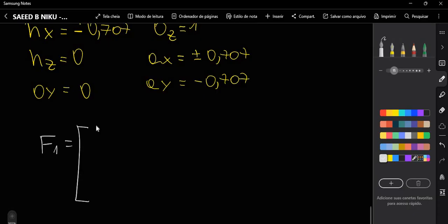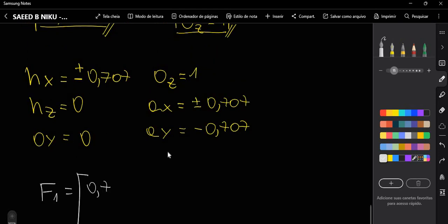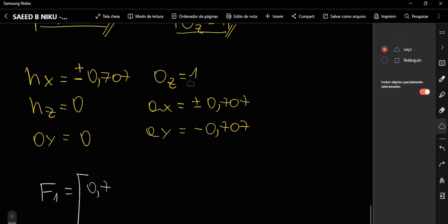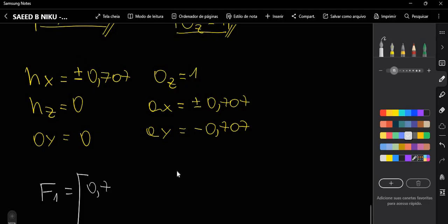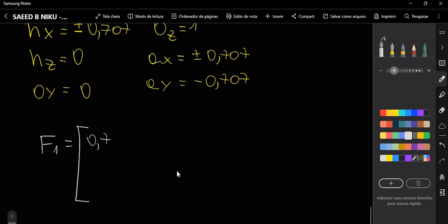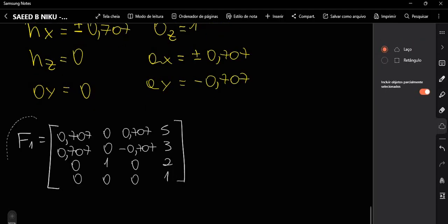And as you can see, we will have two matrices because of these values of minus and plus signs. And now for the other sign.